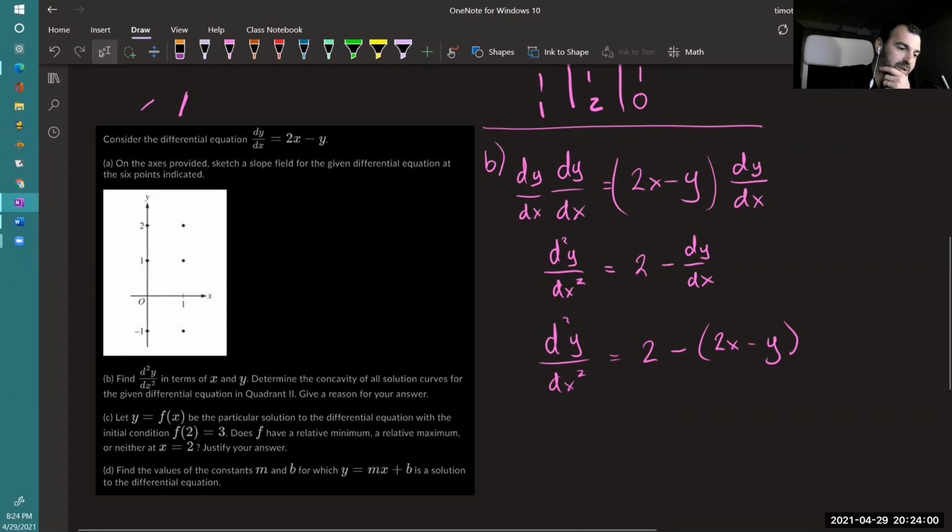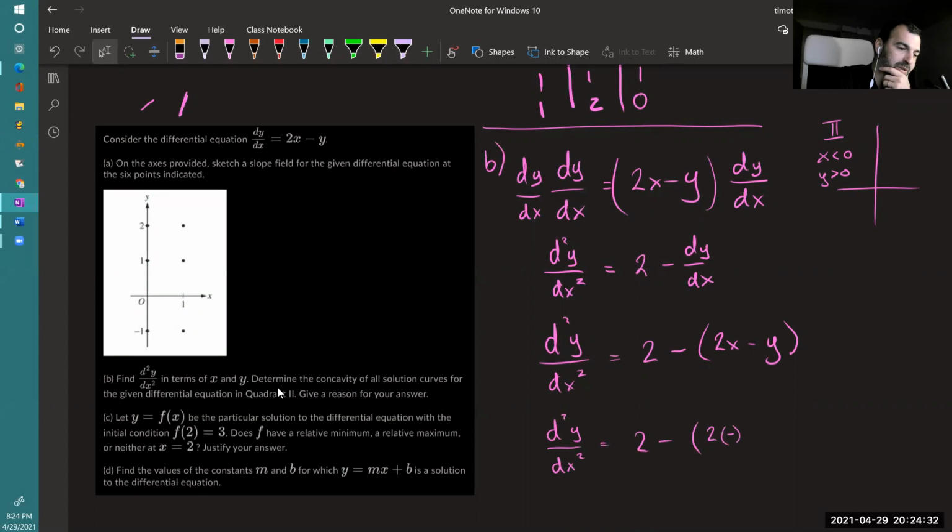Basically they're asking you to find the concavity of all the general solutions, and they want us to focus on quadrant 2, which would be this quadrant. In that quadrant, x is less than 0 and y is greater than 0. So I'm going to stick these in here, and say 2 minus 2x, where x is less than 0.